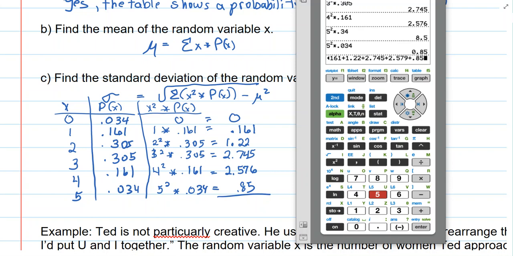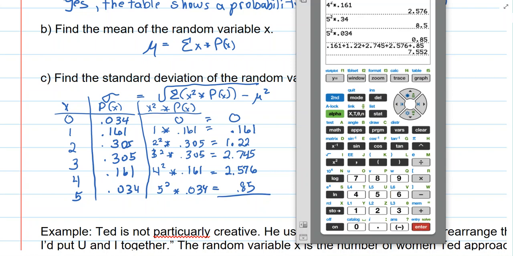Okay, let me double check: 0.161, 1.22, 2.475, 2.57. Oops, that should be a 6, and 0.85. And I get 7.552.